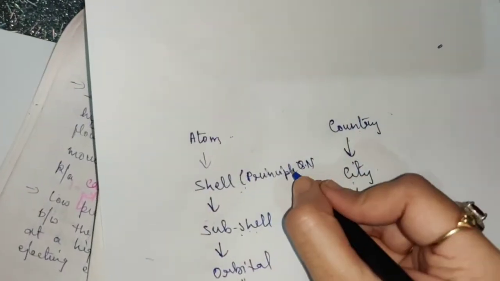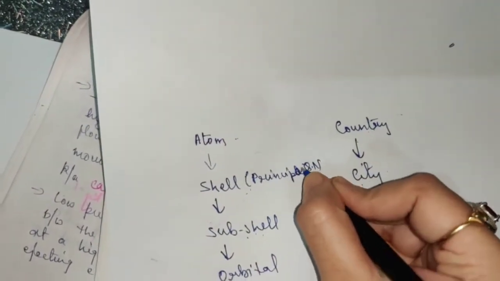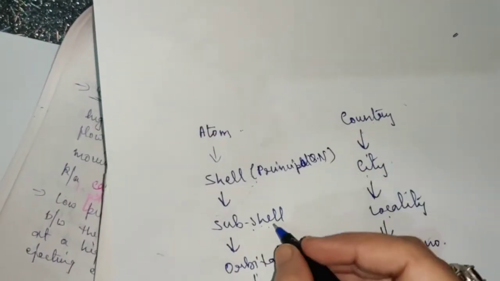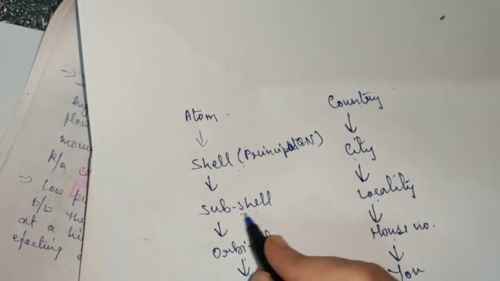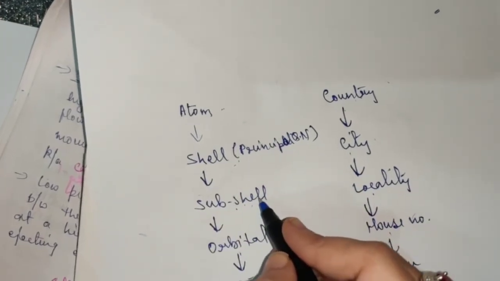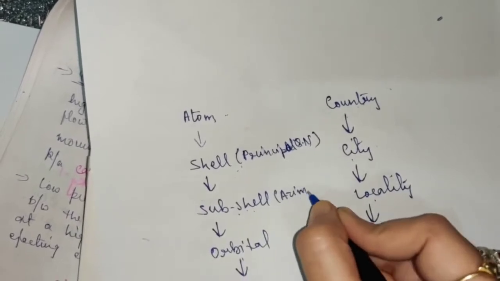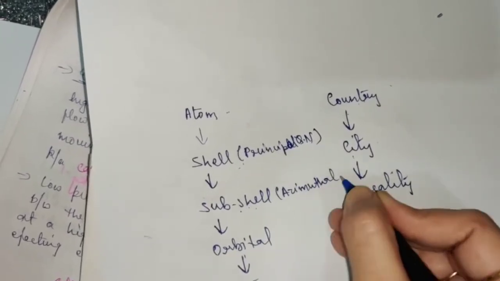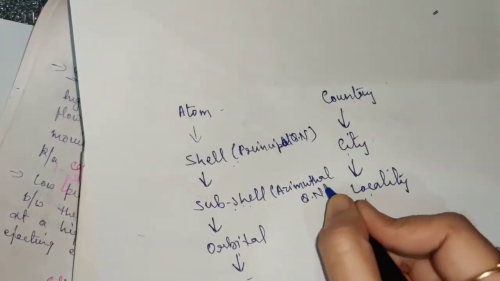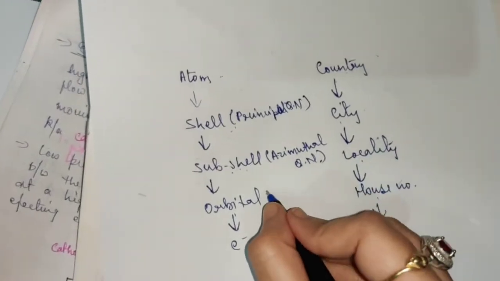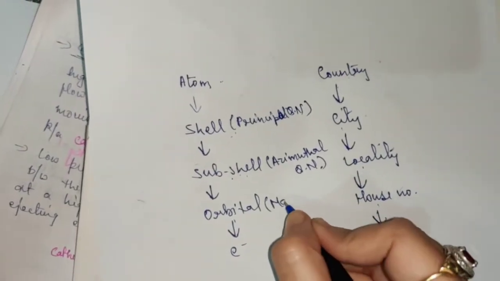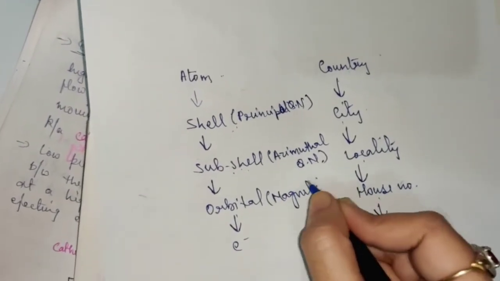The value of subshell you get from the azimuthal quantum number, and of orbital you get from the magnetic quantum number.